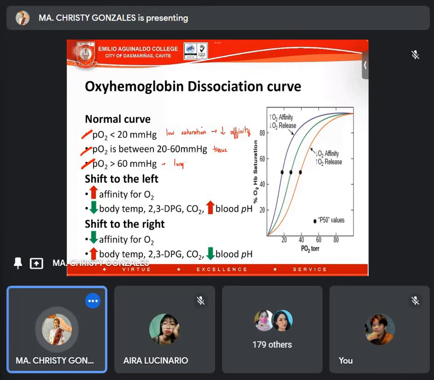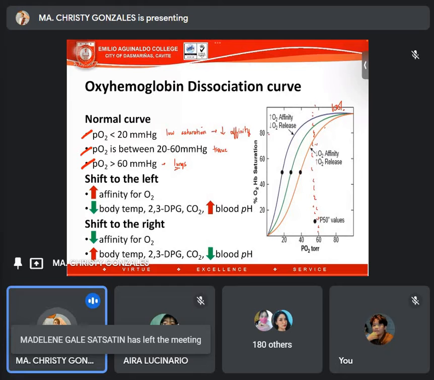Kasi pag more than 60 na siya, approaching na tayo sa 80 to 100% saturation. So, saan makikita yan? Sa lungs. You understand? Naiintindihan ng relationship ng partial pressure sa affinity? Naiintindihan ng association ng saturation sa affinity? May tanong po ba? Okay.